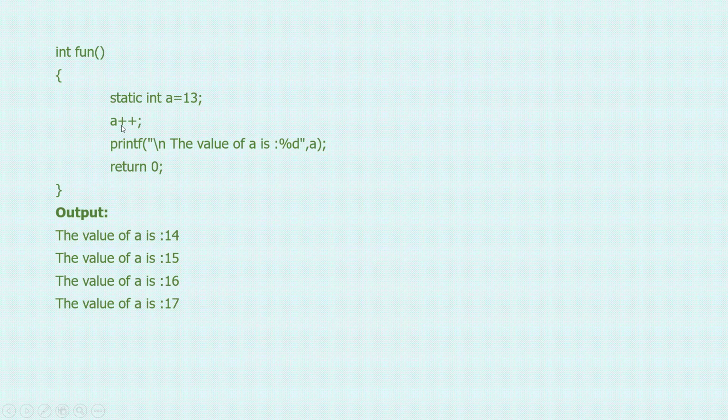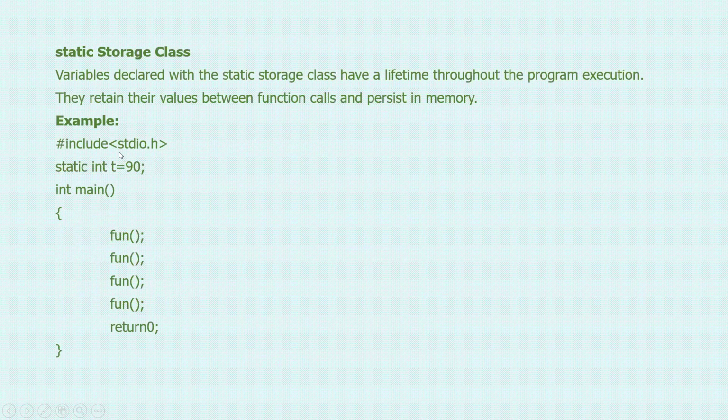When we increment the A value, it will become 14. Again, in the main function, when we call the function, the value will be 14. Again, when we call the function, that same 14 will be taken, and it will be incremented to 15. Again, when we call the function, the 15 value will be incremented to 16.